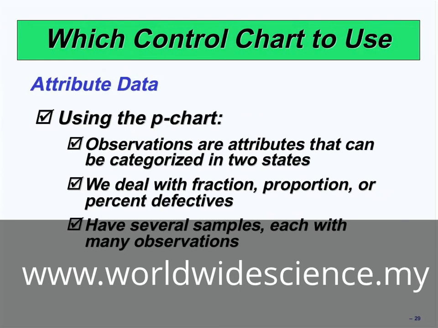Using the P chart. Observations are attributes that can be categorized in two states. We deal with fraction, proportion, or percent defective. Have several samples, each with many observations. So, if you want to deal with the number of defective, you can use the P chart, but you should calculate the fraction defective, not number of defective.